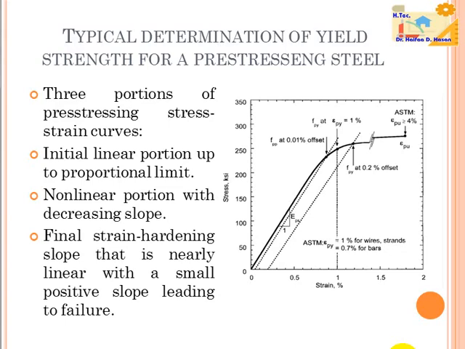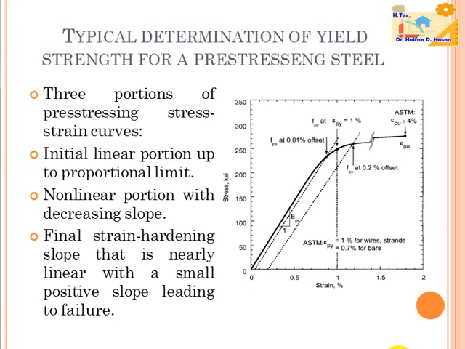In this method, the yield stress corresponds to a permanent plastic strain of 0.2% or 0.1% depending on the standard used. Theoretically, the proportional limit corresponds to the point at which the initial partition of the stress strain curve deviates from linearity.